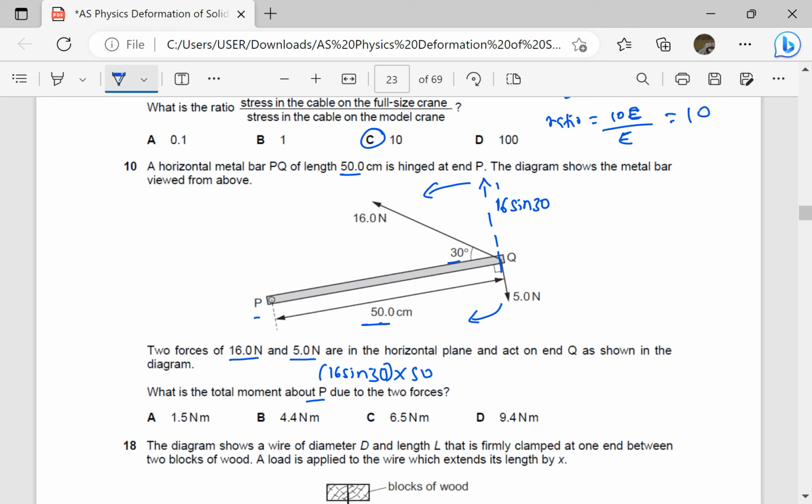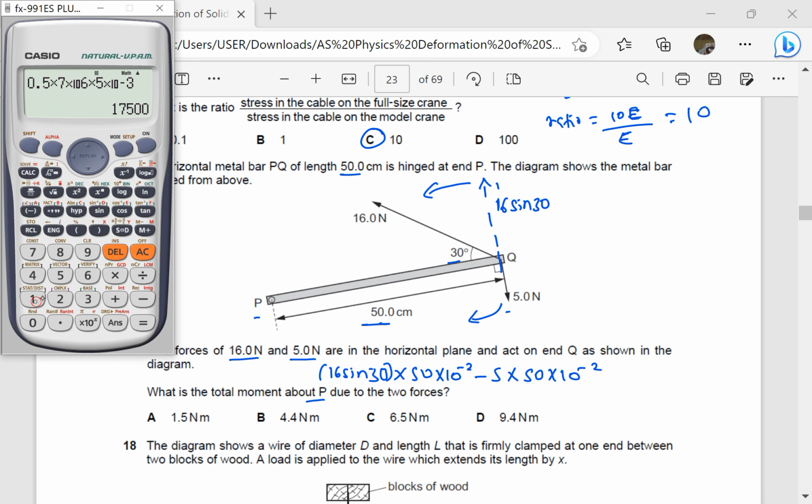Of course, 50 is in centimeters, so also times 10 power negative 2, then minus this force here, which is 5 times the perpendicular distance, which is 50 times 10 power negative 2, taking moments about point P. So when I check with my calculator, 16 sine 30, then times 50 exponent negative 2, minus 5 times 50 exponent negative 2.